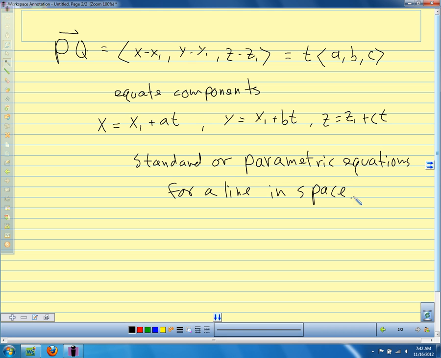So we equate the components of these two vectors, and this gives us a set of parametric equations for a line in space. And this form is going to be the one that we use probably most often.